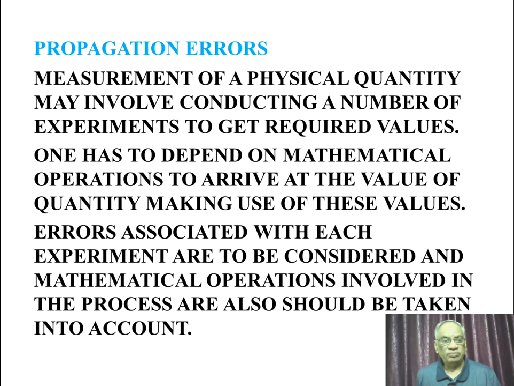In the process, each measurement involves errors, and all the respective errors are to be considered, and also the mathematical operations, whatever we are doing, multiplication or addition or subtraction or division or raising to a power, all the mathematical operations are also to be given importance in arriving at the final error in the final physical quantity being measured.